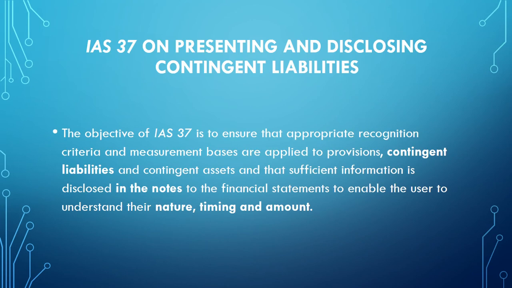I wanted us also just to look at the actual definition of a contingent liability according to IAS. The reason IAS 37 was created was that in the past, prior to 1994, a lot of companies were trying to smoothen profits from one year to another.